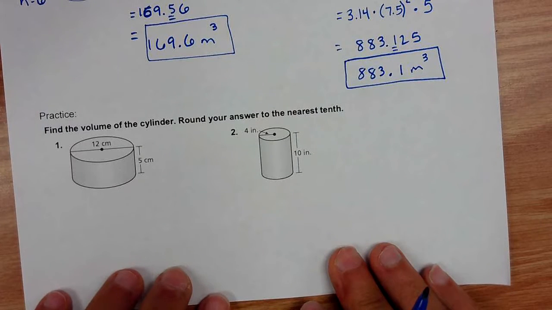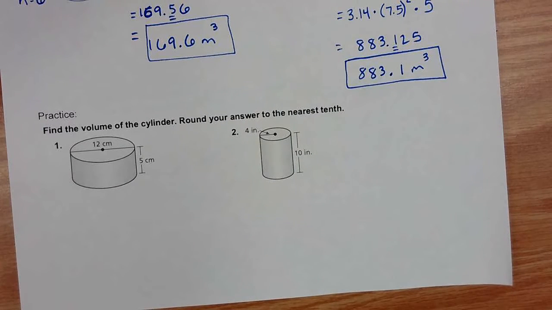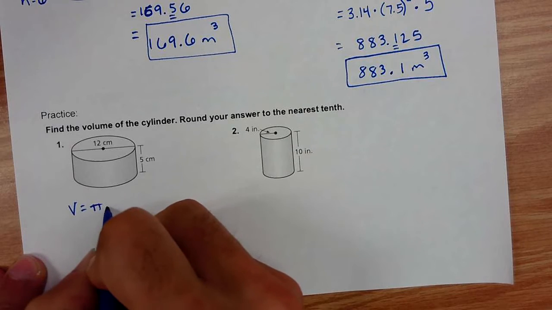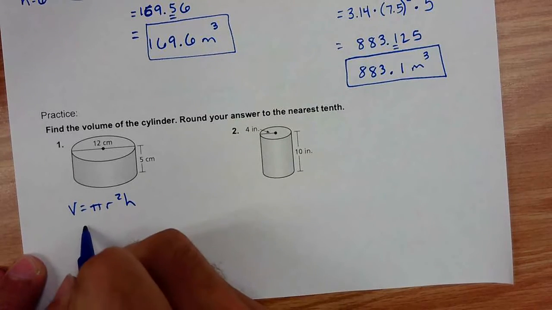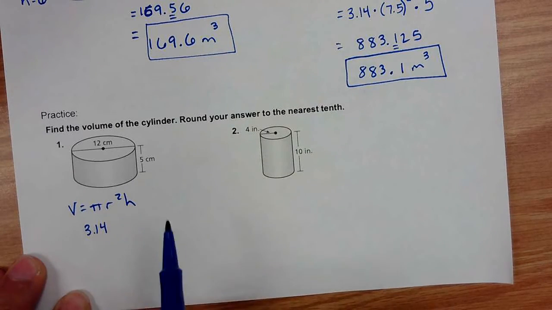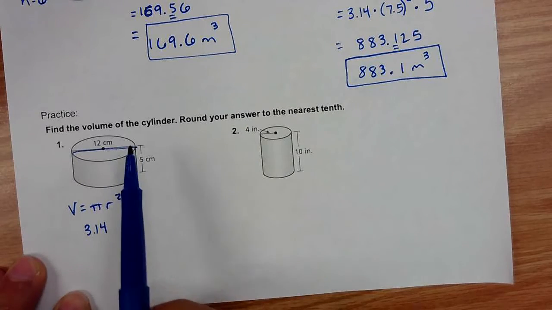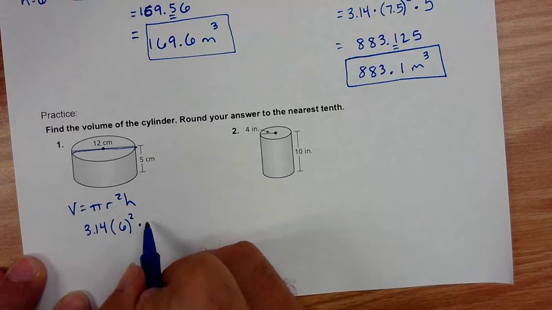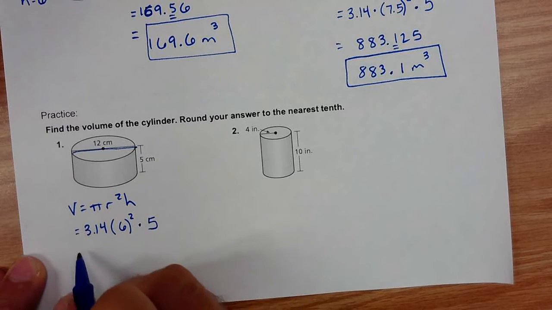There are 2 additional practice problems. If you want to pause and give those a try, you can pause now. All right, so if we look at this, we have volume equals pi r squared h, 3.14. This is the diameter, so I need half of that for r, so 6 squared times 5.